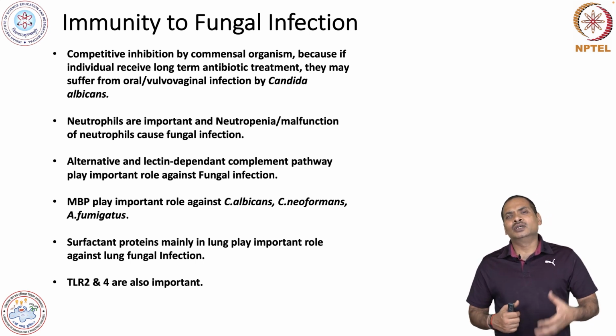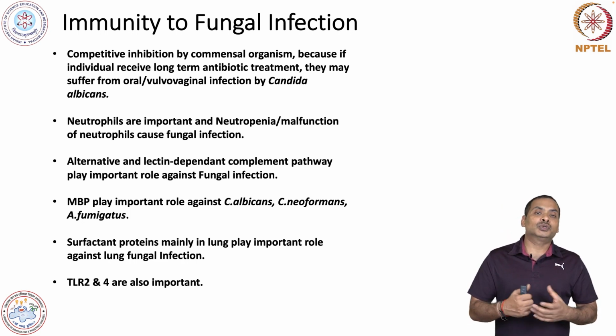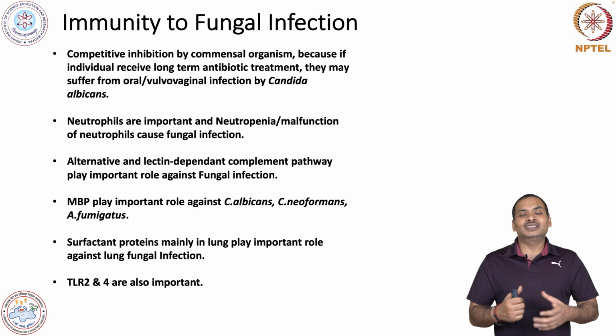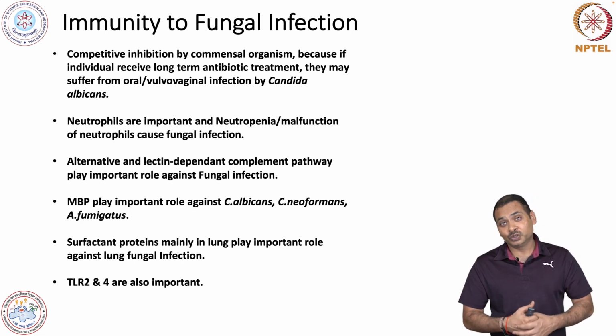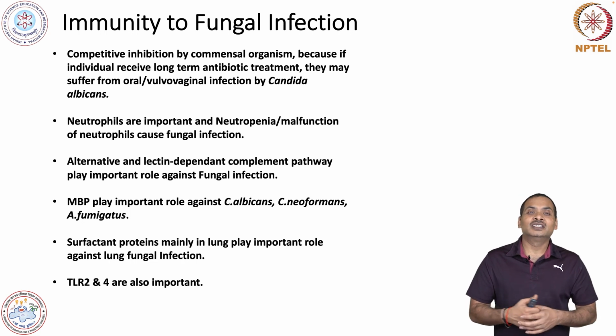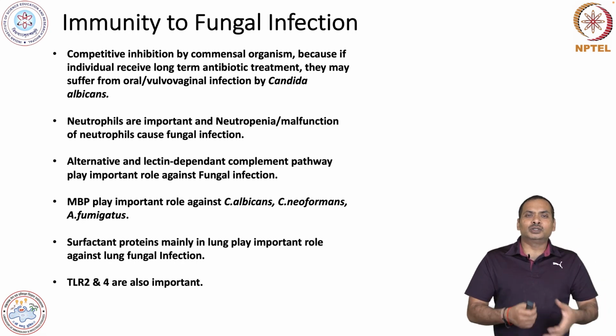Of course, once they are sensed, there will be a production of pro-inflammatory cytokines, and then there will be a recruitment of the immune cells, particularly maybe neutrophils, macrophages, and then the fungal infection can be taken care of by the host immune system. So this is all about the innate immunity.